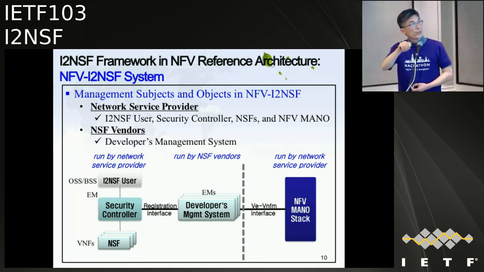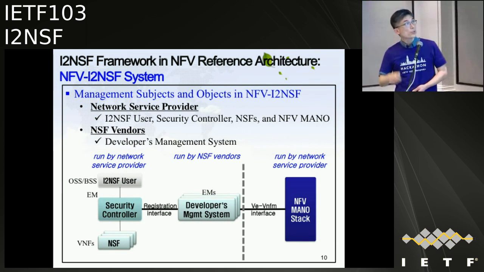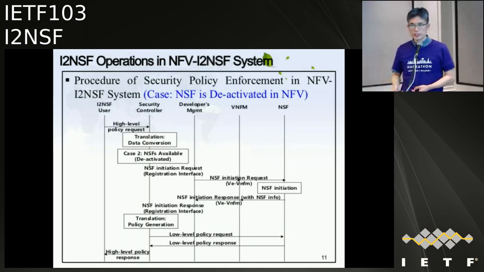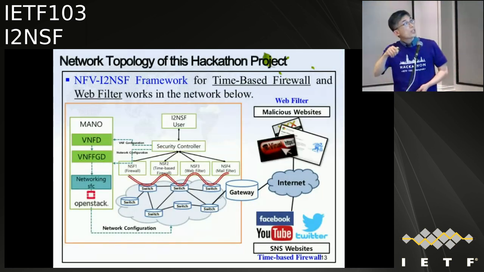So we have an interface between the security controller and DMS, and also between DMS and MANO, especially the VNF manager, which has the VNF manager interface for lifecycle management. So this is the procedure to create. So we believe I2NSF is very good for cloud-based security service systems. This time, this is the topology used, you can see.